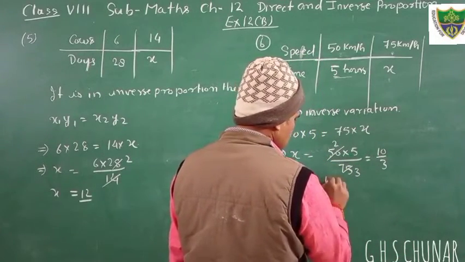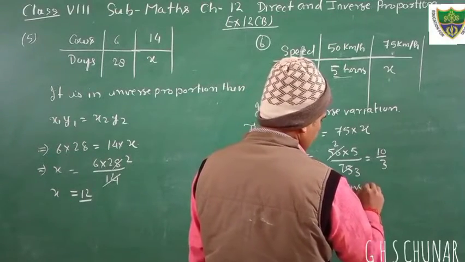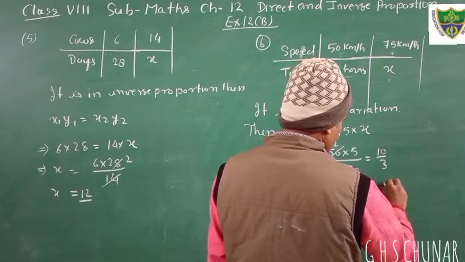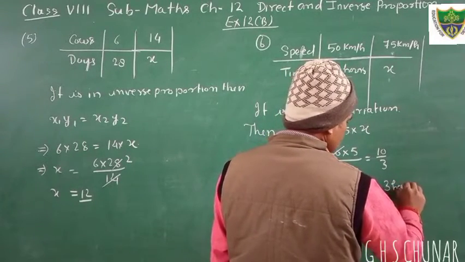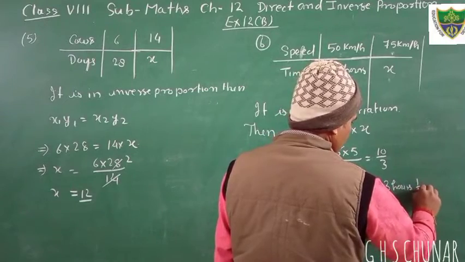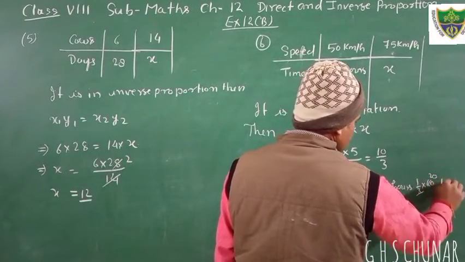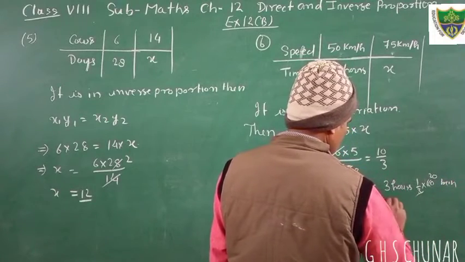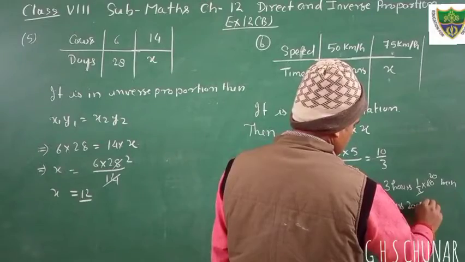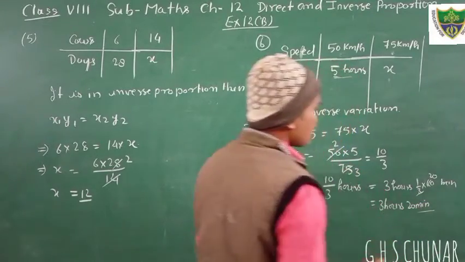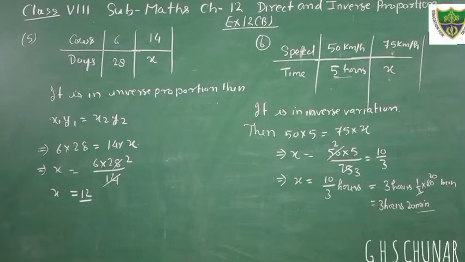You can convert it to 3 hours and 1 upon 3 into 60, that is 20 minutes. So we complete the destination in 3 hours 20 minutes.